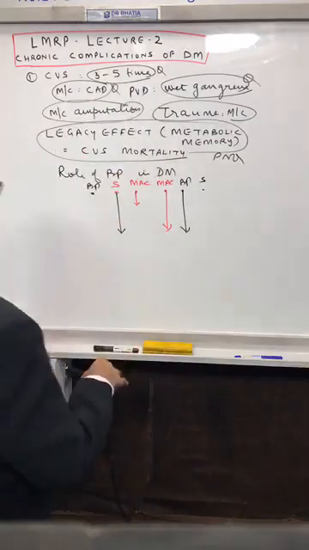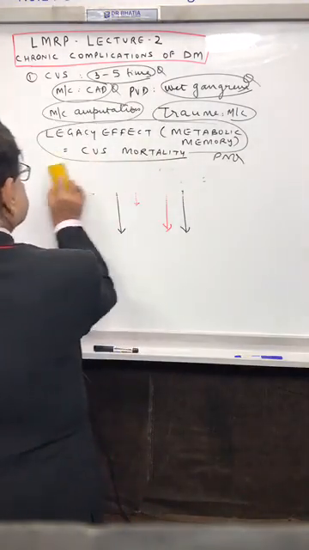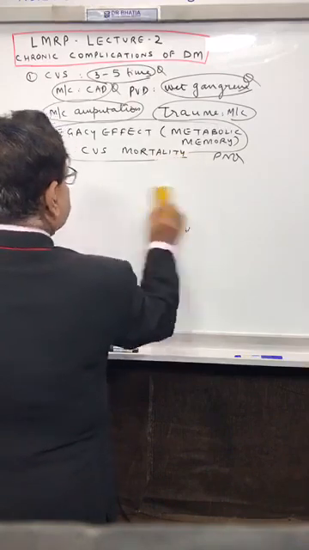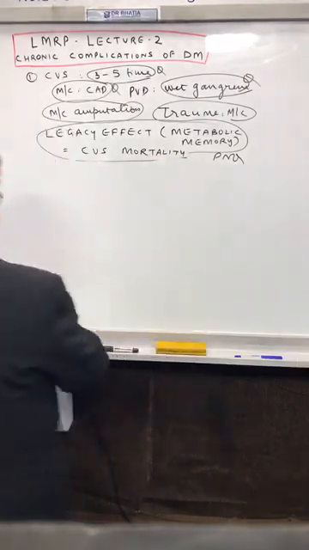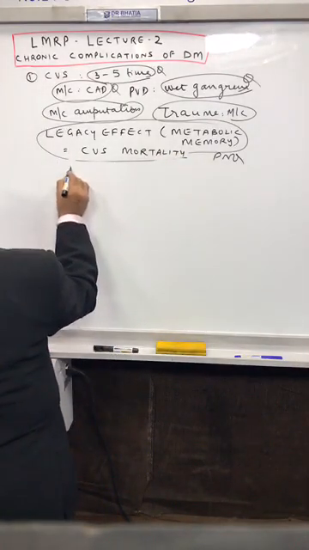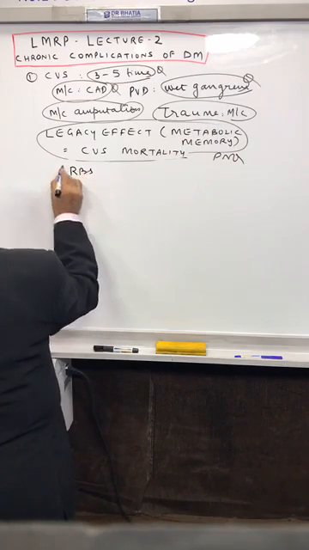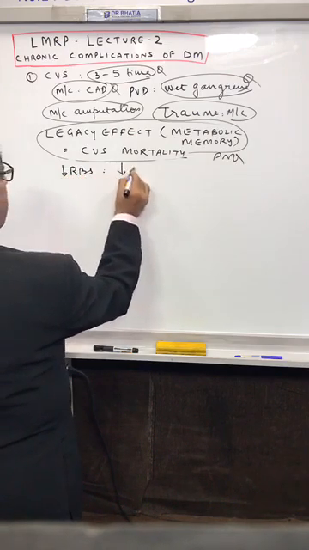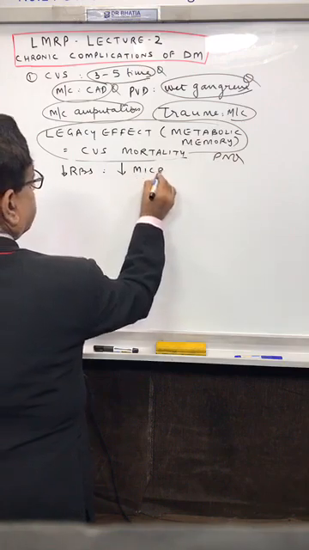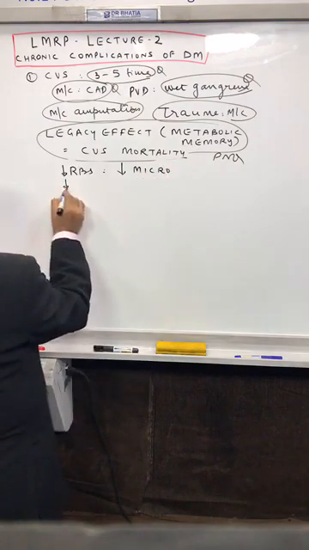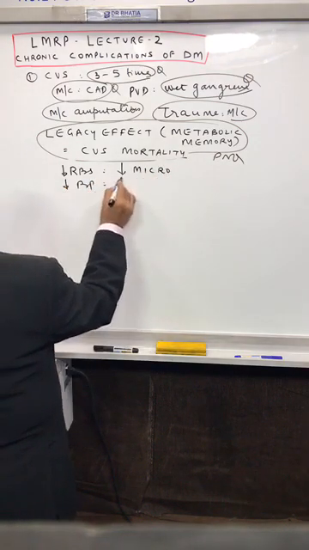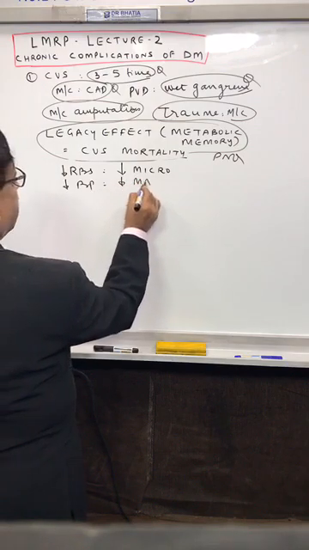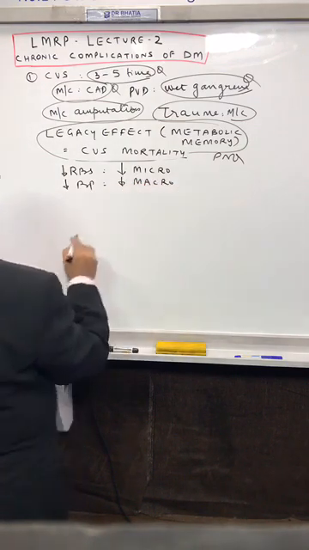So now the new concept is that if you control only sugar, microvascular complications go down. But if you control BP, macrovascular complications go down drastically.